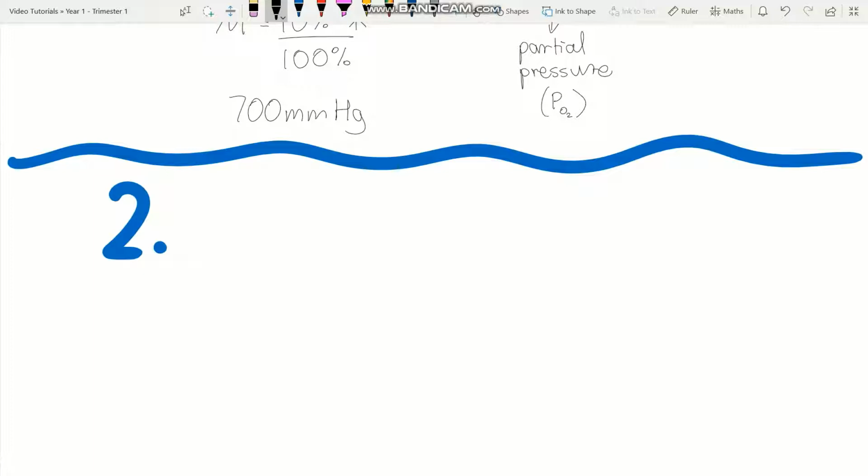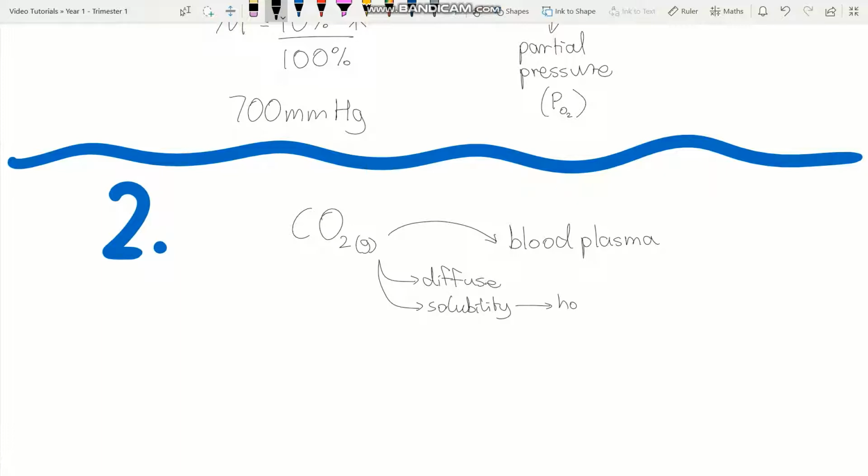So, for example, say if we have carbon dioxide gas, the ability of this gas to dissolve into blood plasma, for example, which is clearly seen in the respiratory system, is dependent on the ability of the gas to diffuse into the blood plasma. It's dependent on the solubility of the gas, meaning how well the gas is able to essentially dissolve into the liquid.